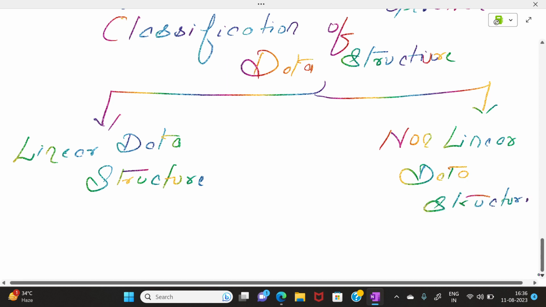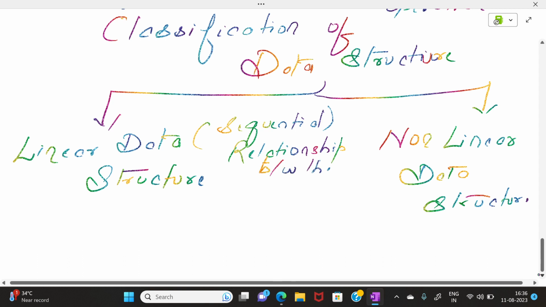When we talk about the linear data structure, it is sequential, or we can say that the relationship between the data elements is linear.